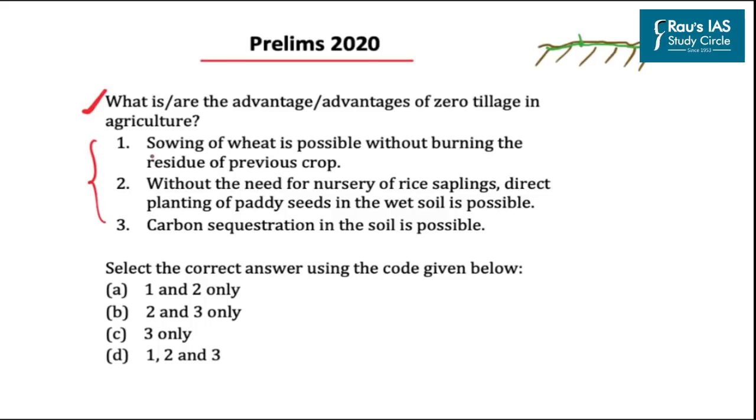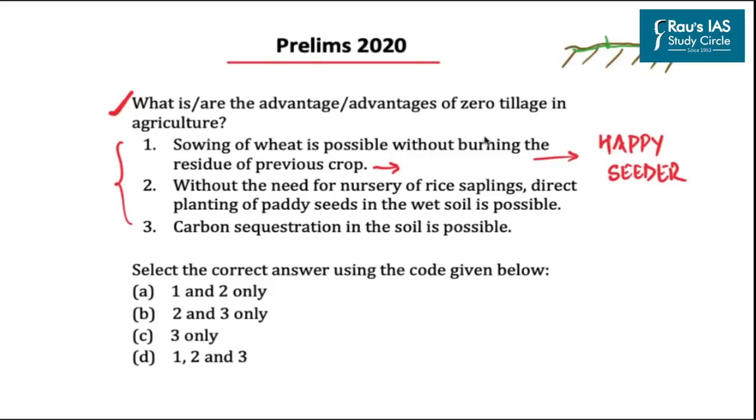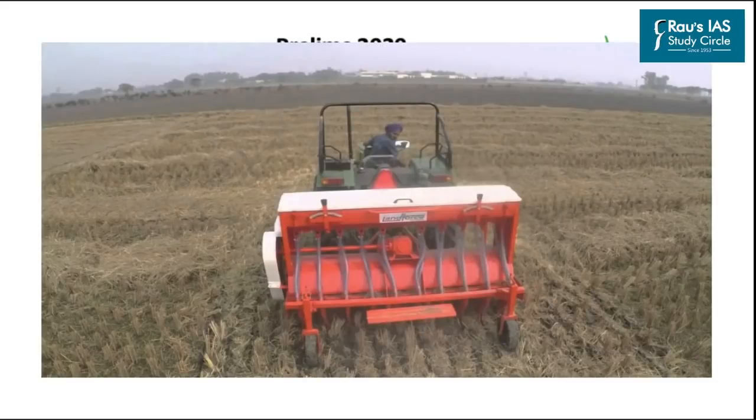And statement 1 is sowing of wheat is possible without burning the residue of a previous crop. Now, this is a direct result of a current affairs section. You have seen how crop residue burning in the northwestern region of India has created havoc over air pollution in Delhi NCR region. And one of the solutions which has been suggested for this problem was Happy Seeder. Because Happy Seeder is one of the unique techniques which is used for sowing seed without any burning of crop residue.